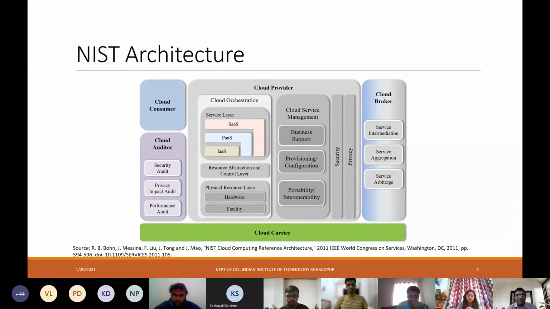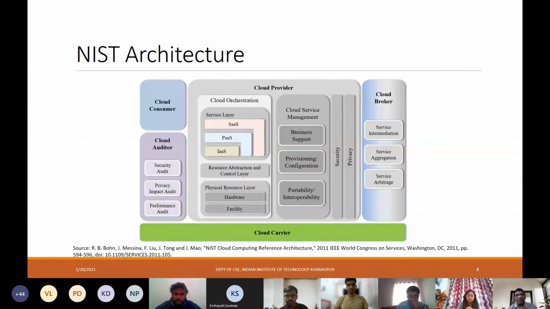So these actual computing resources will have to be offered in the form of services. So between the service layer and the physical resource layer, there sits this particular layer which is called the resource abstraction and control layer. This resource abstraction and control layer is basically the one which abstracts these physical resources and offers certain kind of control mechanisms in order to use these different resources and offer different services like SaaS, PaaS, and IaaS. Right.